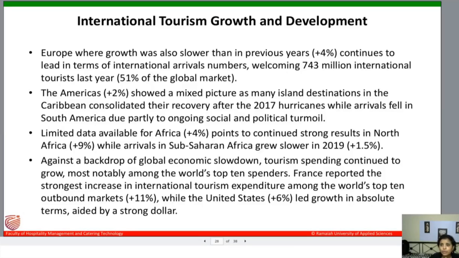Europe was a little slower than in the previous year, but still got some 4% growth, and America got 2% because many island destinations in the Caribbean consolidated their recovery after the 2017 hurricanes, while arrivals fell in South America due partly to ongoing social and political turmoil.